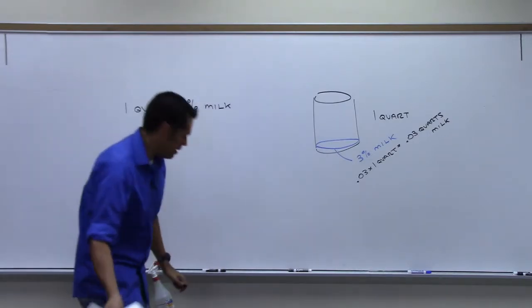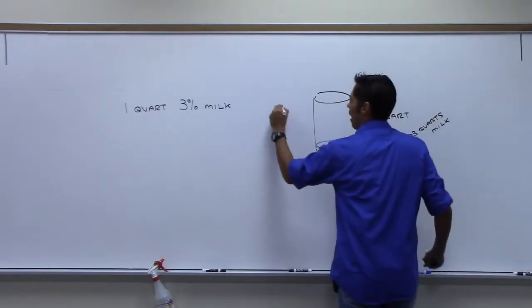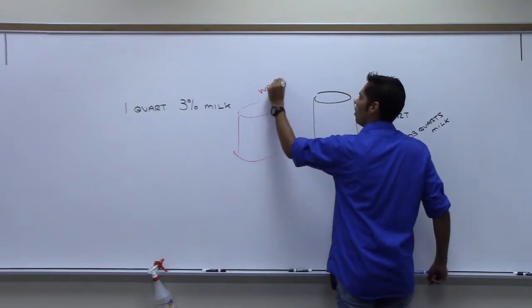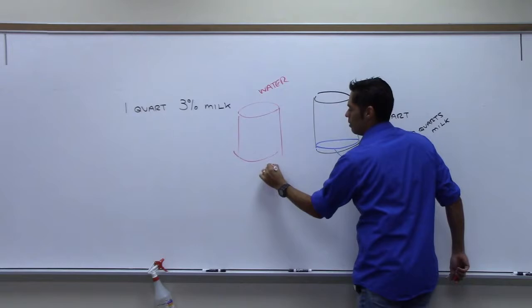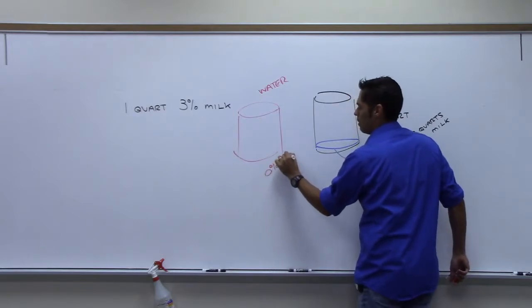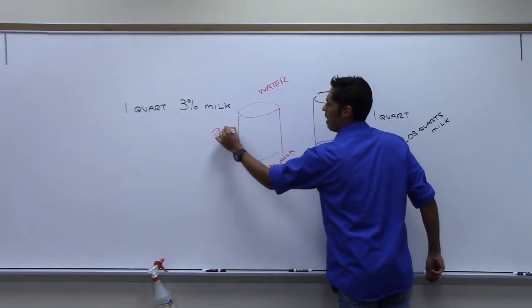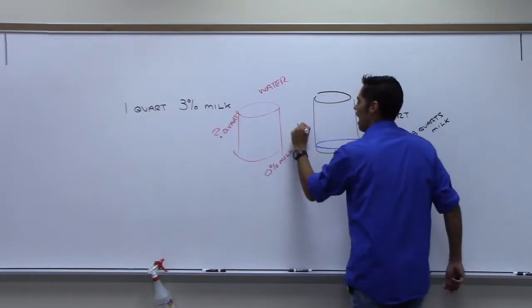So I'm supposed to come in here and add something to this, right? I have some container here of water, which means you have how much milk? 0% milk. And I don't know how much there is of this. I don't know how many quarts there are. I don't know. That's the question. I need to add those two together.